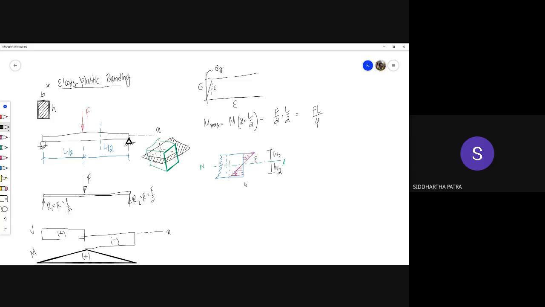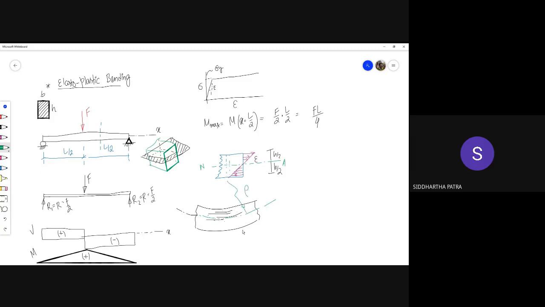Now, why is strain supposed to behave like this? It's because, if you consider the geometry to be made of layers of materials, and they are connected with one another, then they are bound to deform like this. So at the neutral axis, let's say the radius of the neutral axis is rho.